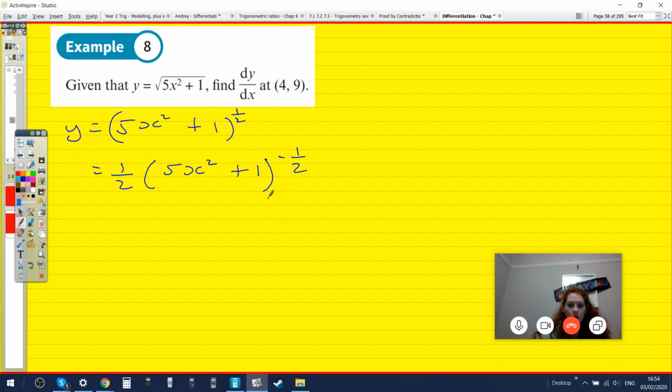So then do we input that when x is 4 and it's equal to 9? You still have to multiply it by the function inside the function.